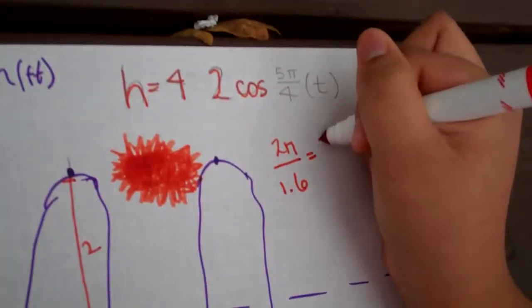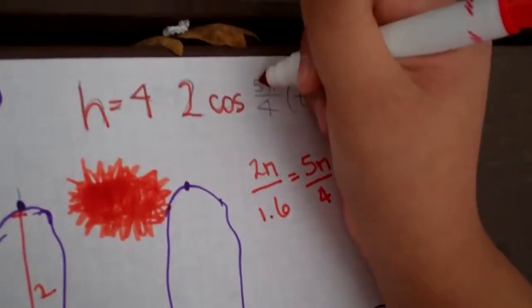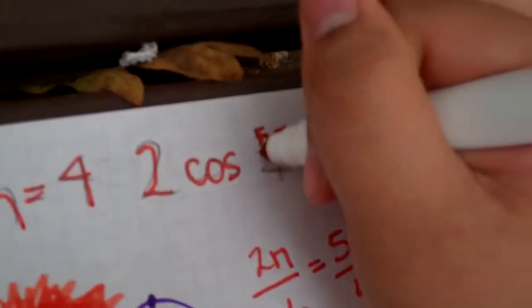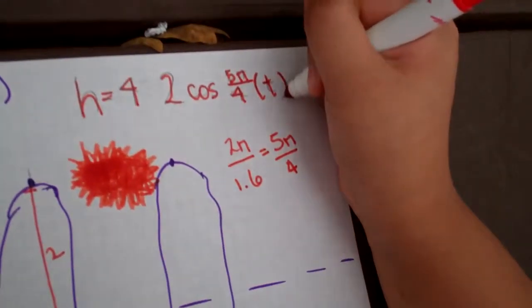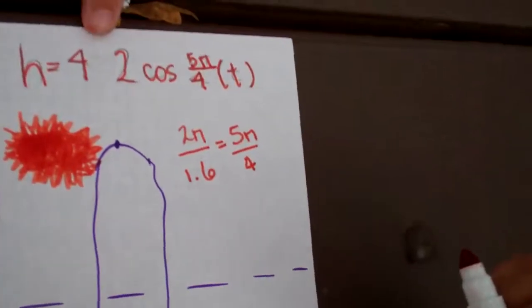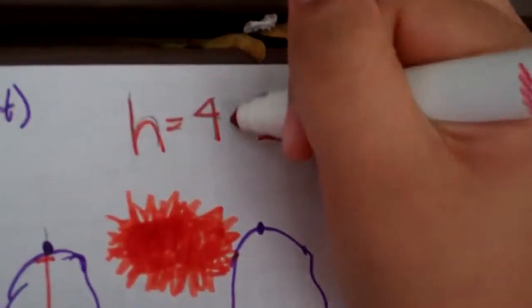And this would give you 5 pi over 4. And since it's inverse, we would put a minus.